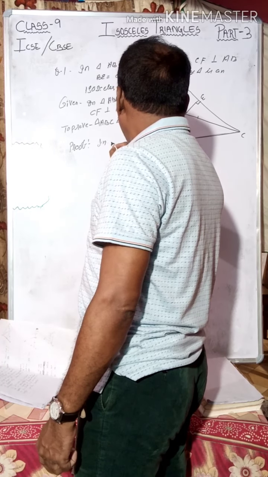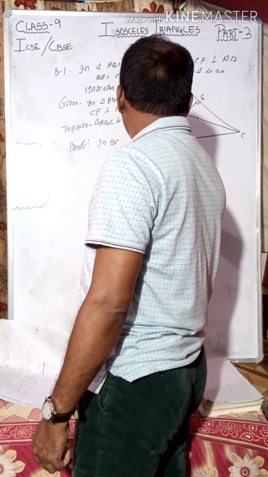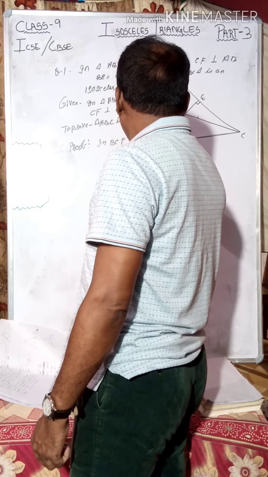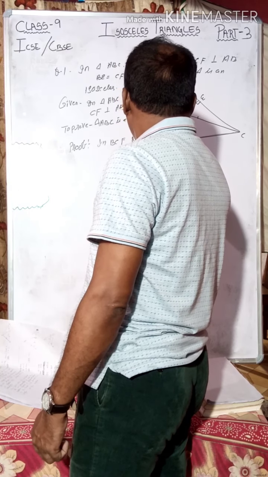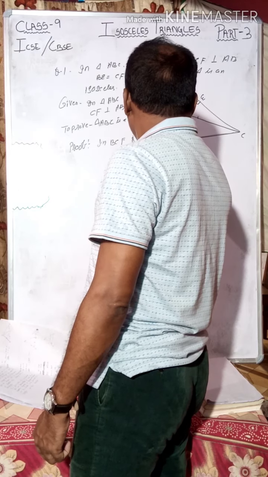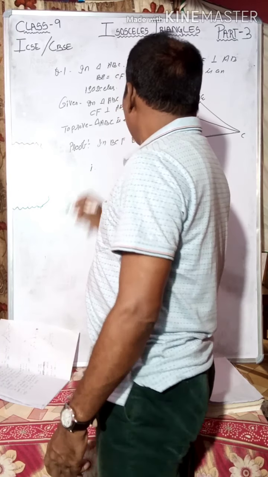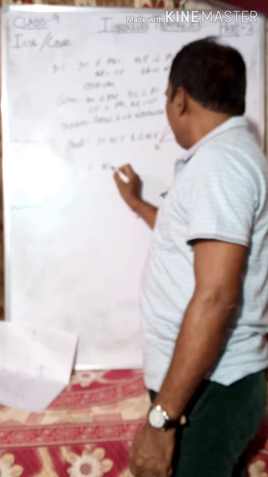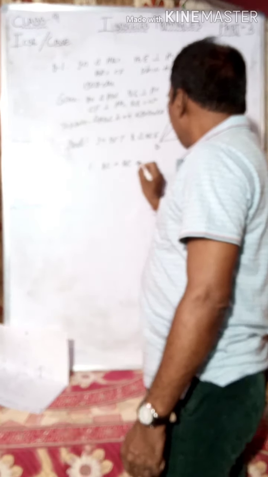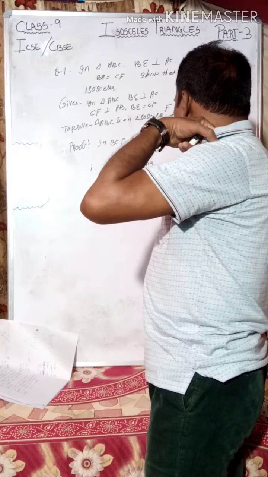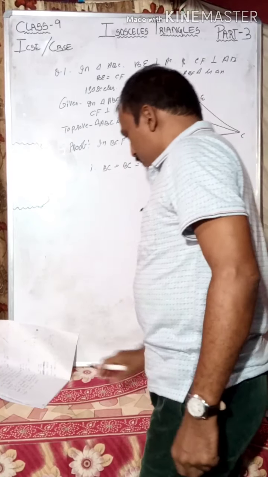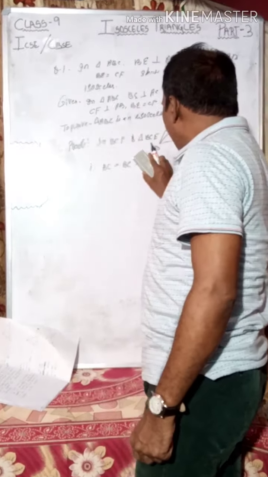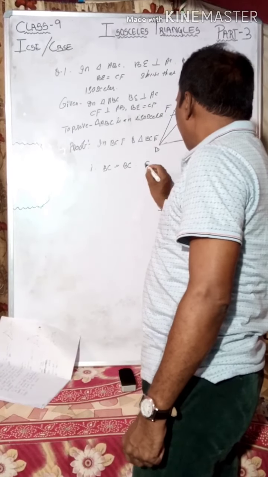In triangle BCF and triangle BCE, number one, BC is equal to BC, the hypotenuse, which is a common side.